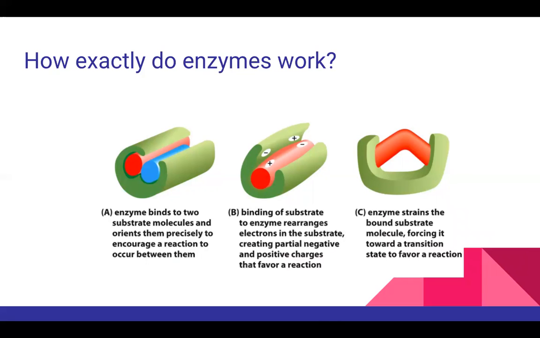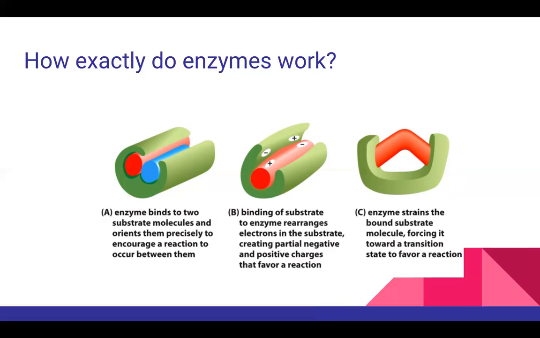So here we have these diagrams. I think they're from your textbook. I know she showed them in class before, so these are the three ways that the enzymes work by binding to the substrates. So A is showing the enzyme bringing two substrates closer together, so it orients them to allow a reaction to occur. So maybe these two substrates were flying around the cell, and the odds of them coming in contact were pretty low, but the enzyme orients them in the way that they're needed for a reaction to occur.